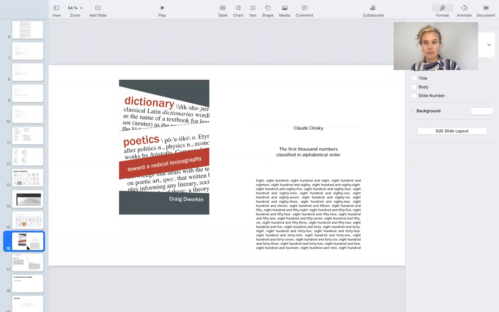I will make sure that book is also in the poly box for you to look at. And he's doing a similar thing there. He's taking dictionary entries and presenting them as a poem. And there is something beautiful about it. There's also this example by Claude Closky, which is the first 1,000 numbers classified in alphabetical order.